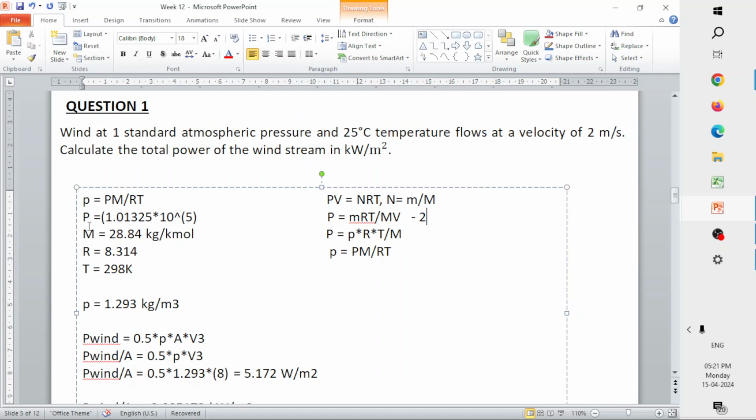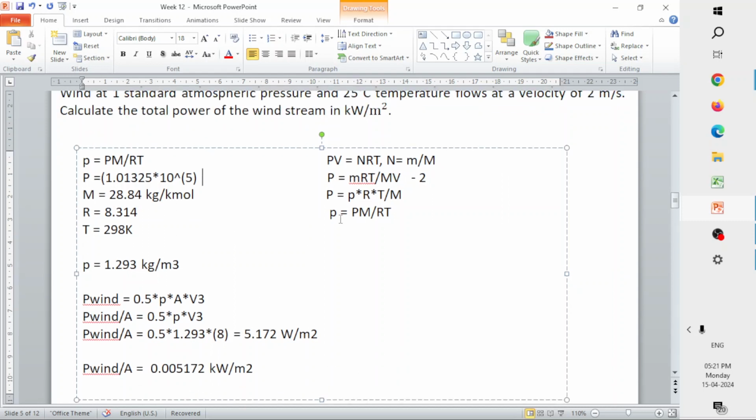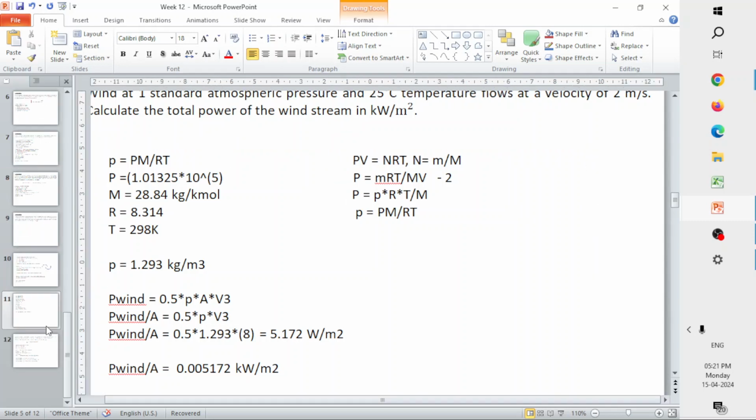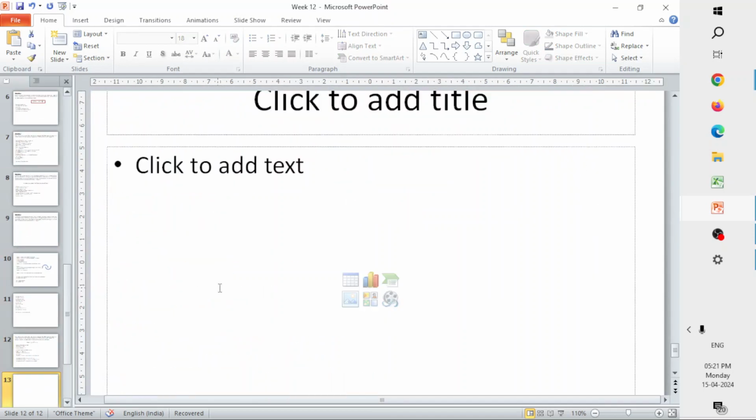So here we have the pressure as 1 standard atmospheric pressure, so 1 atm, or let me just make another slide and then solve it.